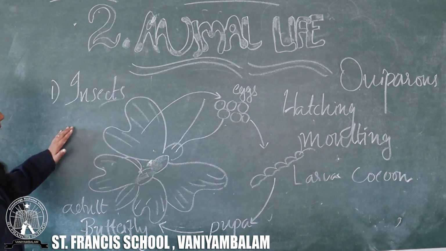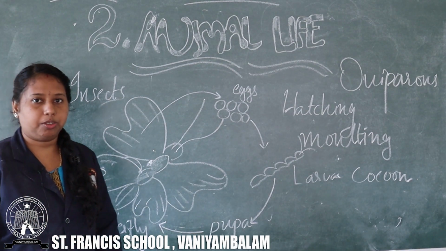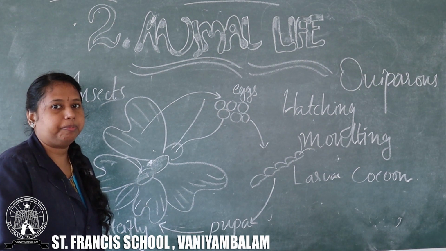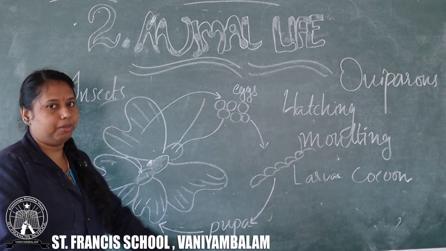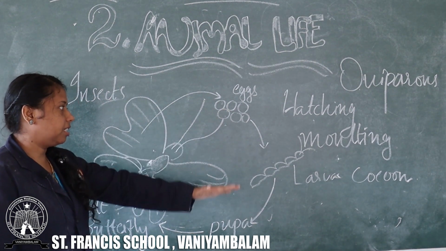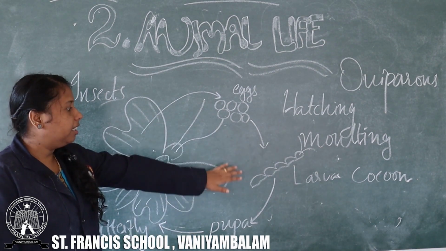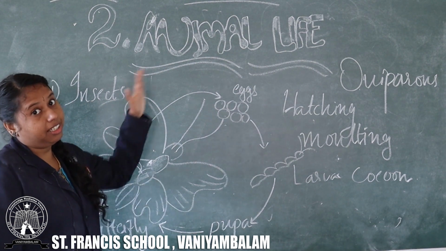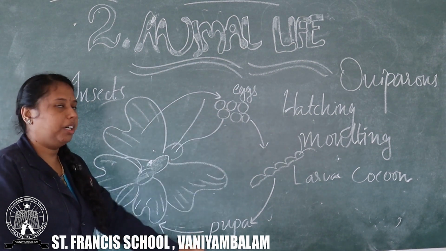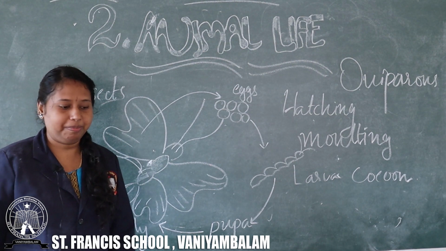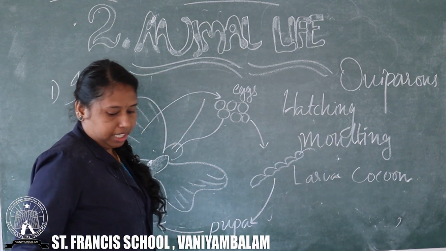So, this is the life cycle of butterfly, different stages: eggs, larva, pupa, butterfly, again egg, larva, pupa, and butterfly, and so on. So, this is about insects.